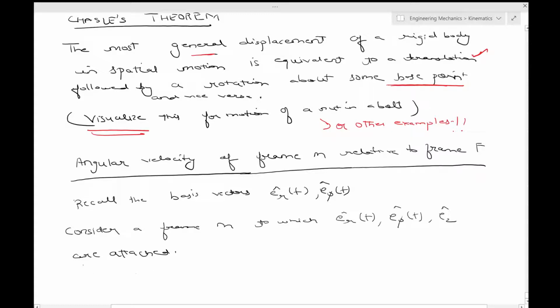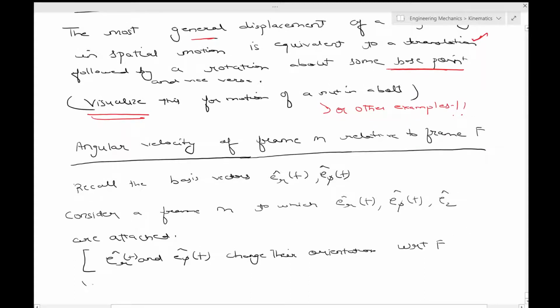As you can also see from the notation, e_r and e_phi change their orientation with respect to F through phi of t, but e_z does not.